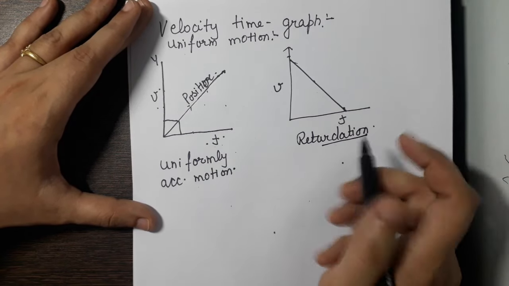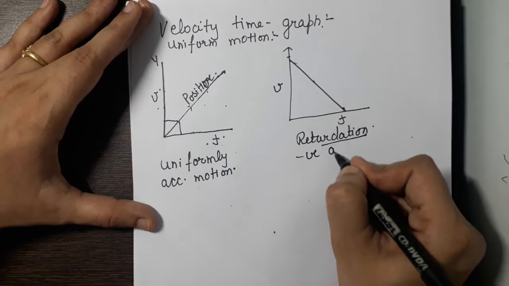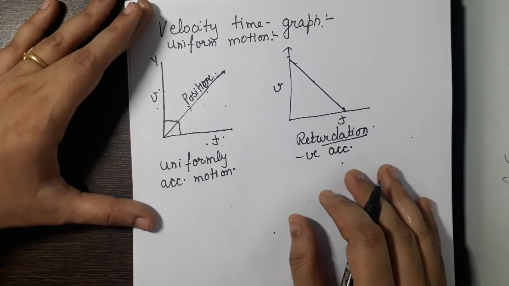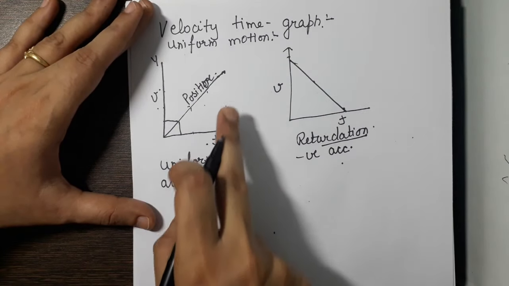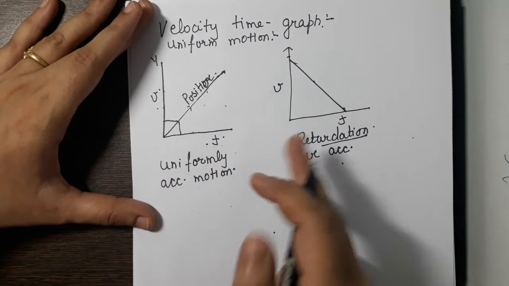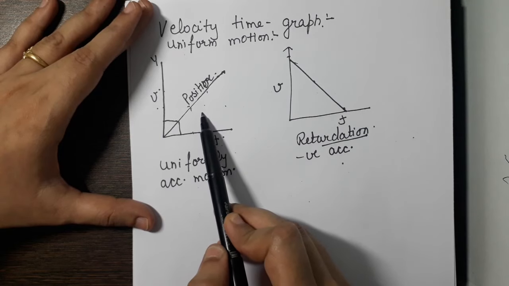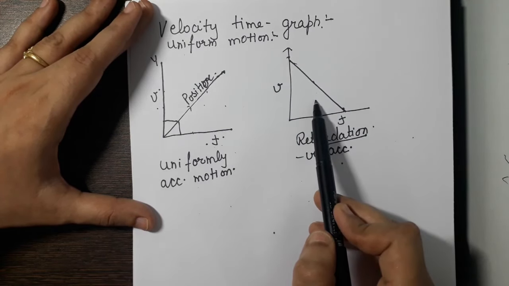Retardation means negative acceleration, means velocity is changing but velocity is decreasing. So here these are the two graphs for uniformly accelerated motion and for retardation.